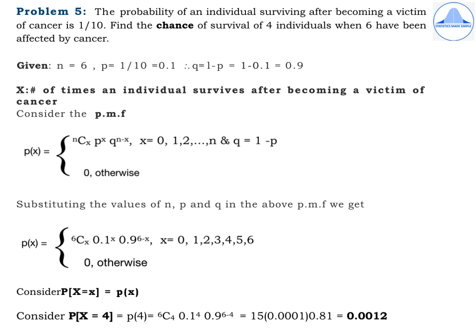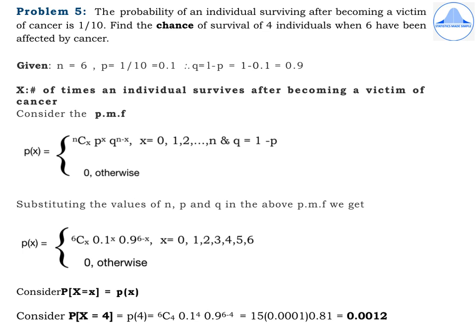X takes the value 0, 1, 2 up to n, and q is equal to 1 minus p, 0 otherwise. Now in the general format, substitute the values of n, p and q, and the final PMF will result in P of x equal to 6Cx 0.1 to the power x, 0.9 to the power 6 minus x, where x takes the value 0, 1, 2, 3, 4, 5, 6, 0 otherwise.